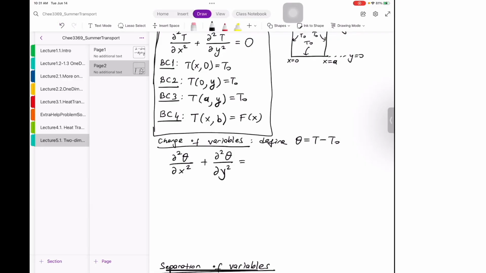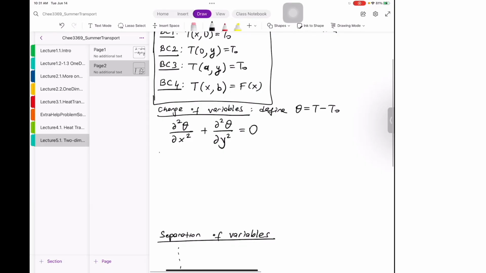It doesn't appear in this equation, but in the boundary conditions, we get simpler equations.